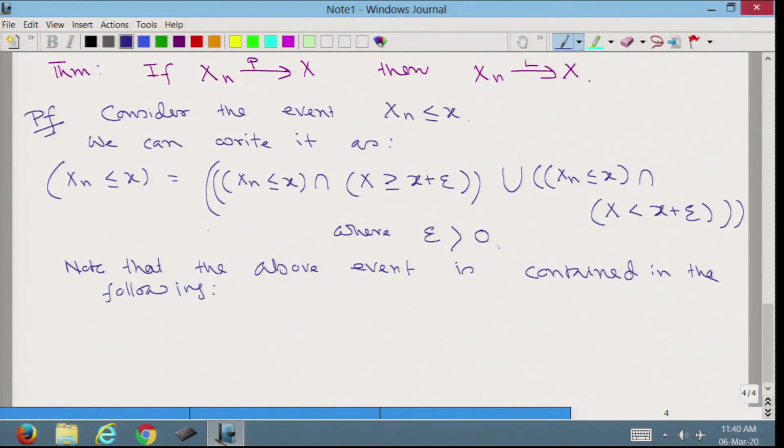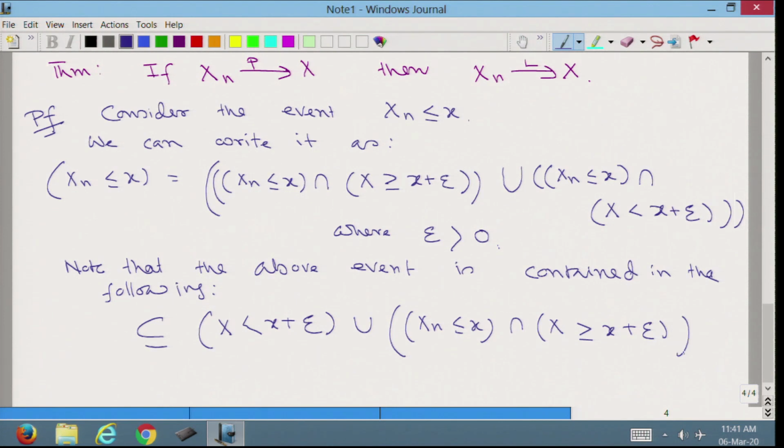That is, this is contained in x less than x plus epsilon union x n less than equal to x and x greater than equal to x plus epsilon. Why?